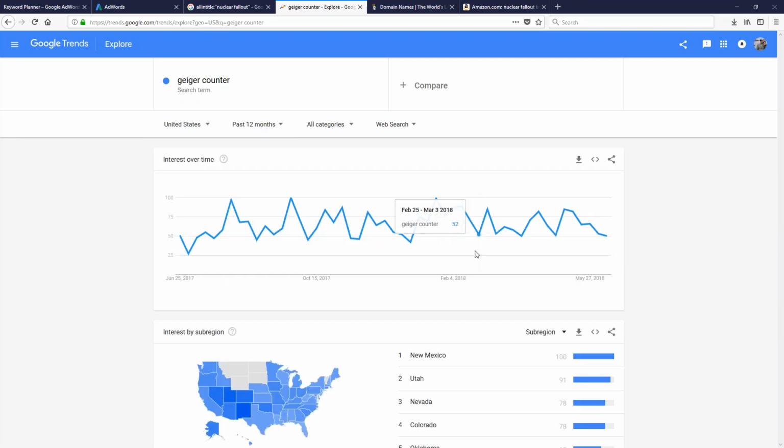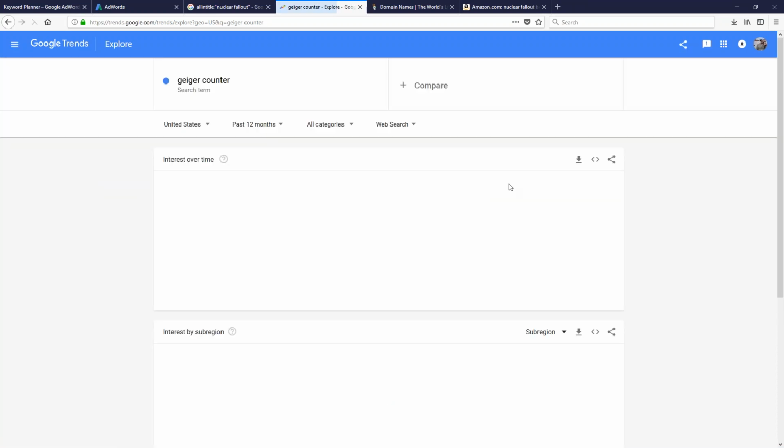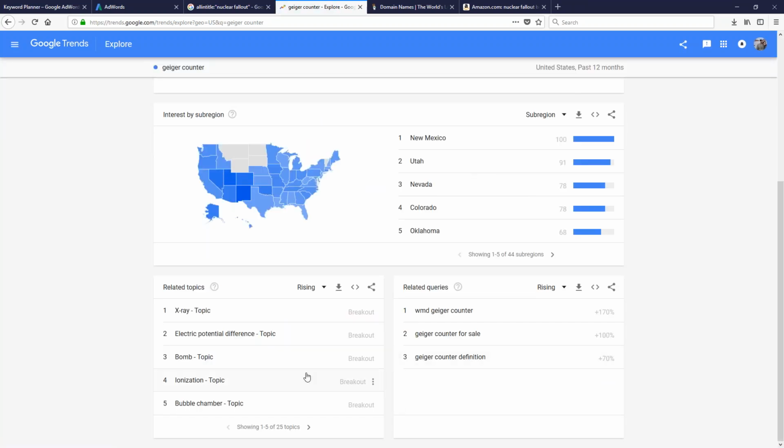Jumping back to the USA information for just a moment, though. I can't seem to scroll down for some reason. I also have some information in terms of related topics and related search terms that people might be using on Google. Sometimes this information can help with the keyword research.